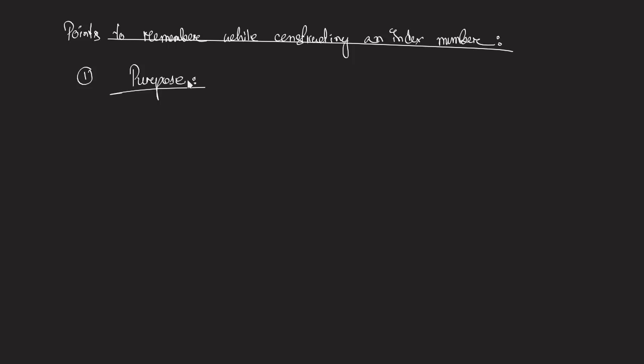So you should be clear what the objective is, or for what reason we are calculating this index number. Let's say you want to know how much percent the price of petrol has increased in the last 10 years, right? So our purpose is to know the increase in petrol price, since it is about price, we will construct a price index number.